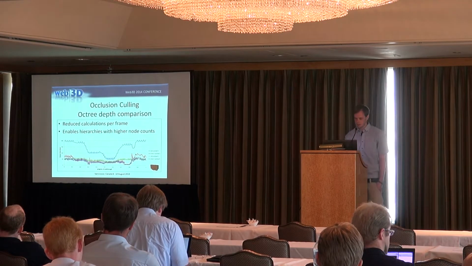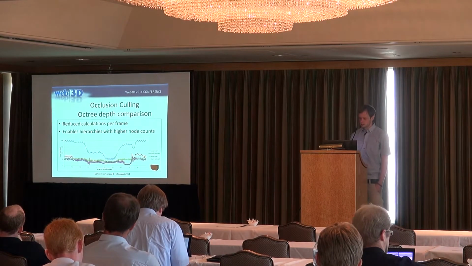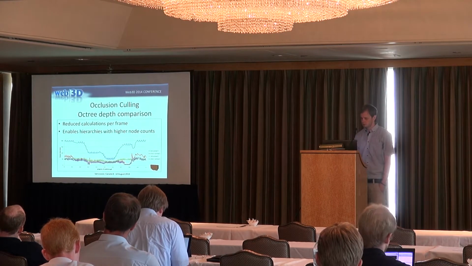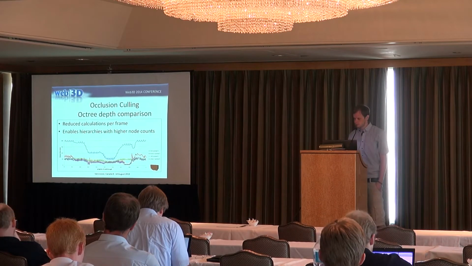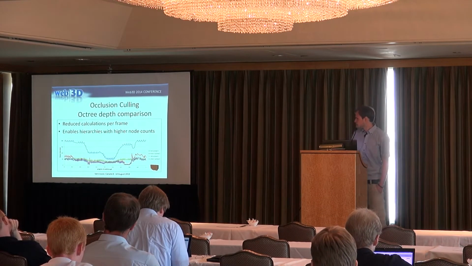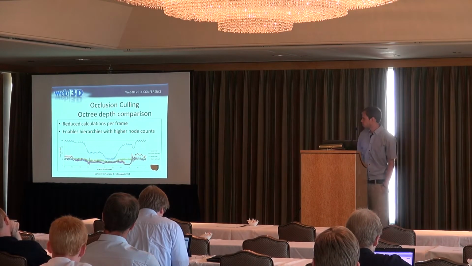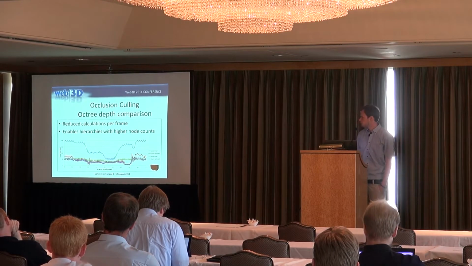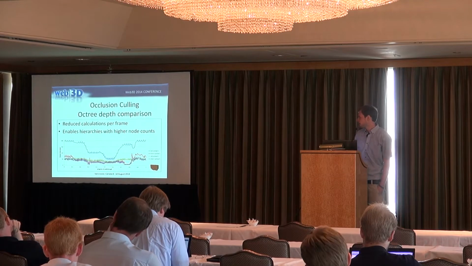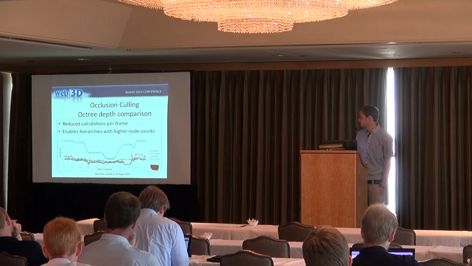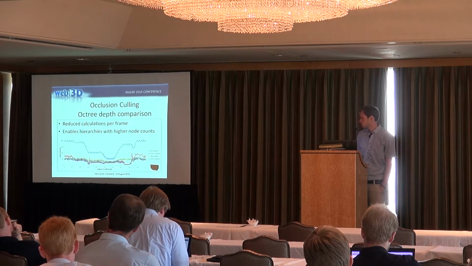Coming to occlusion culling, in the plot we see a comparison for different depth levels of the octree and using different culling techniques. The blue line in the top is the frame time for view frustum culling using the octree of level 5, whereas the green line was for the octree of level 4, which showed significantly better results.